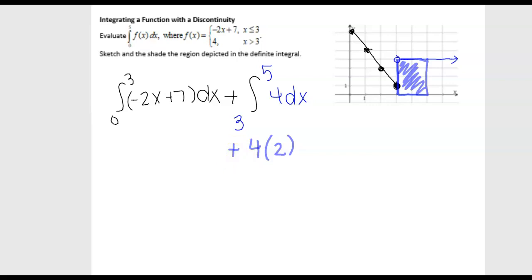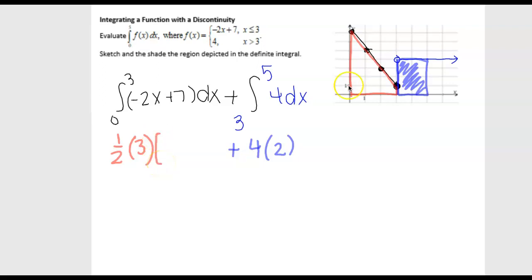And then we're also going to find the area under the curve from 0 to 3. That area is going to be a trapezoid. So we're going to take 1/2 the height, which is the b minus a again, in this case 3, times the height of the width.